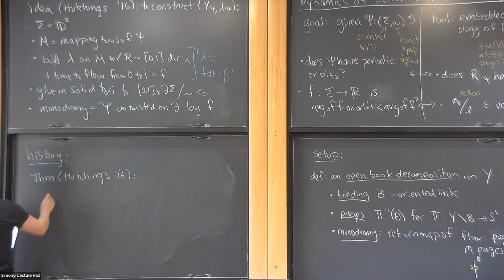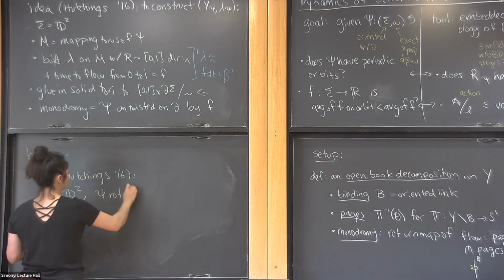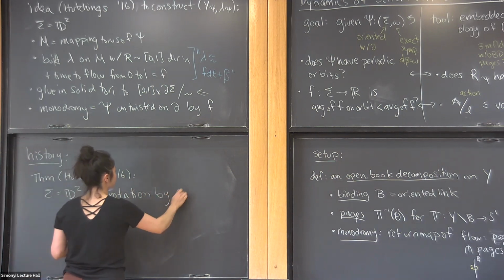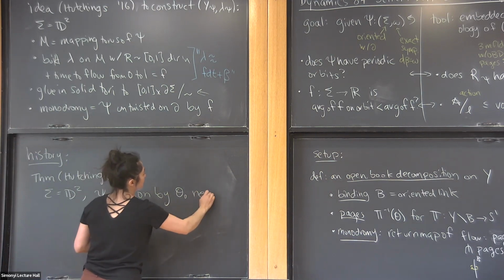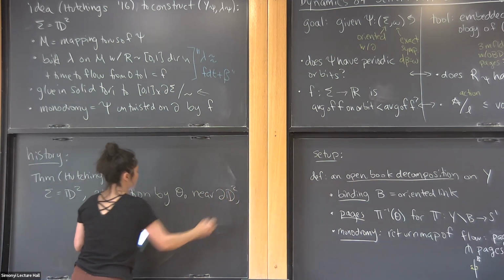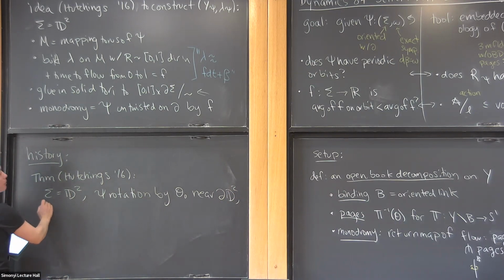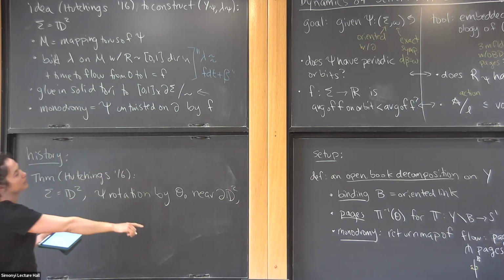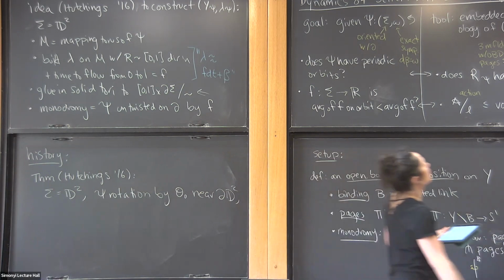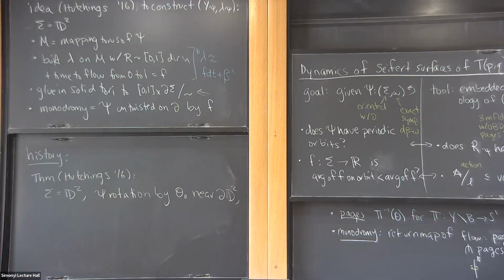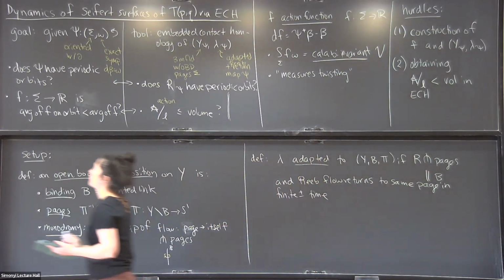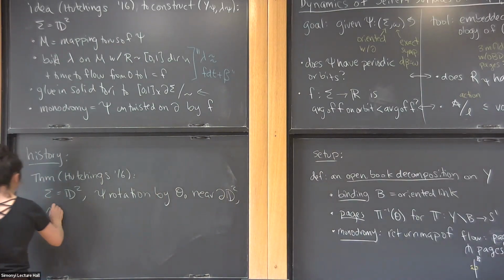So what he proved is that if sigma is D2, psi is a rotation by some number theta naught near the boundary, and the Calabi invariant, which I did not give a name, V is less than theta naught.